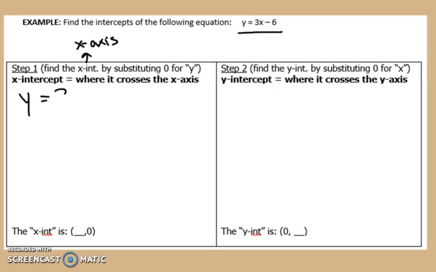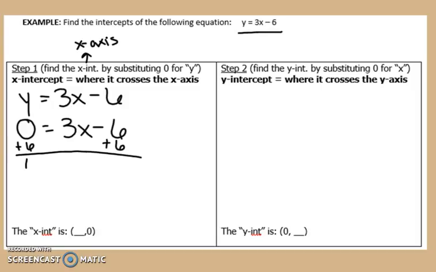Now, if I have y equals 3x minus 6, I'm going to substitute 0 in, and now I need to solve for x. Well, I have 0 over here, so I'm going to add 6 on both sides. So 6 equals 3x. If I divide by 3, x is equal to 2. So my point becomes (2, 0).